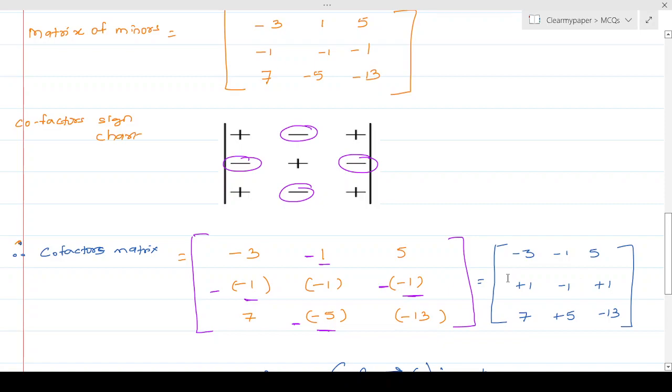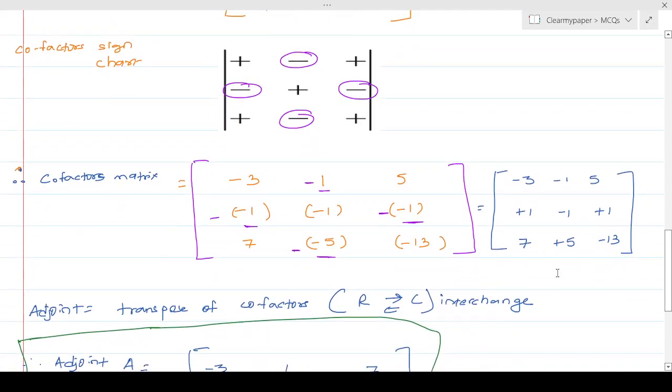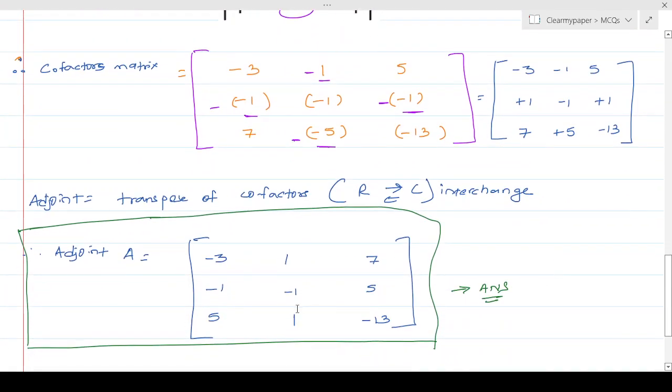Then to get the adjoint, you take the transpose of this matrix, which is interchanging rows and columns, and then you build this matrix. For example, if you take the transpose of this, the row becomes the column, and this is what you get. So whatever the answer is, it will be in this format where it's -1, -3, 1 and 7, ending with -13. Let's say we have an answer in that format.